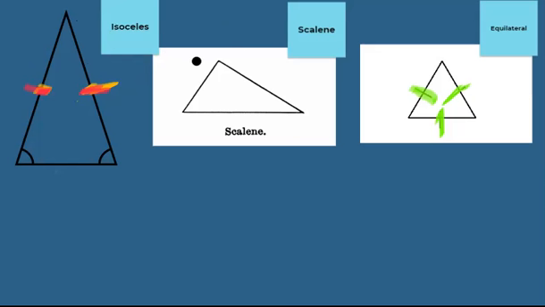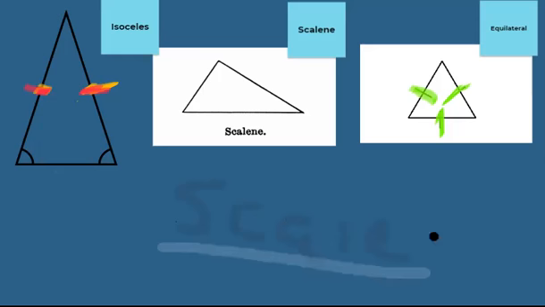So now let's look at the scalene. The scalene has no equal sides, and here's a trick to remember. If there's a word that you can take from scalene, it's scale. So I'm writing it here. I'm not sure if you can see it very well, but let me use white.